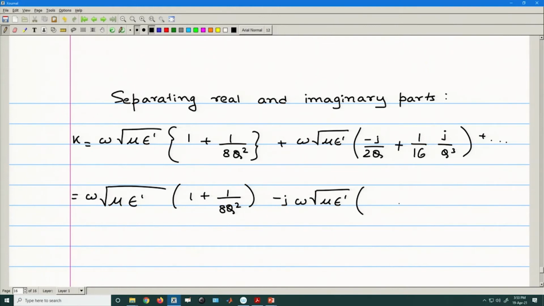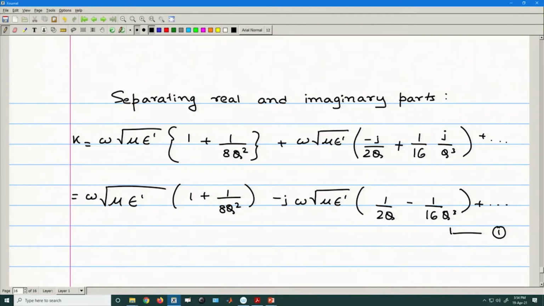So here we will have within the brackets 1 by 2q minus 1 by 16 q cube. Okay, fine. Now give this equation number as 1.